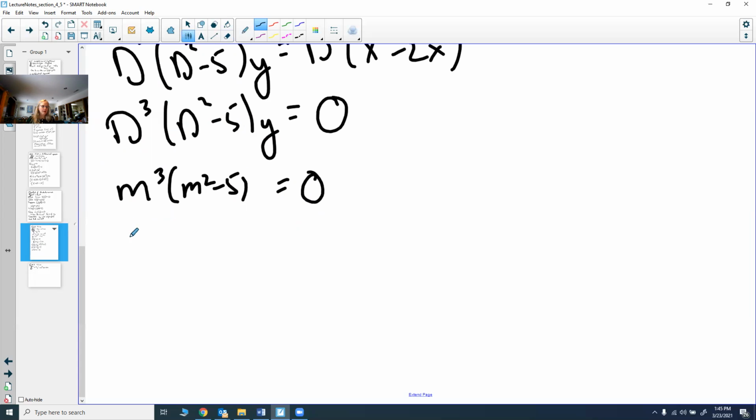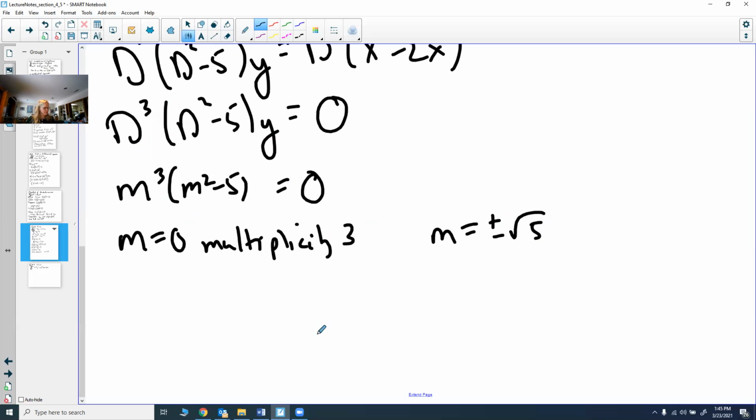So what I see is I've got m equals 0, and that has multiplicity 3, because I have a third power there. And I also have m is equal to plus or minus the square root of 5. So now I can see I have a new equation.